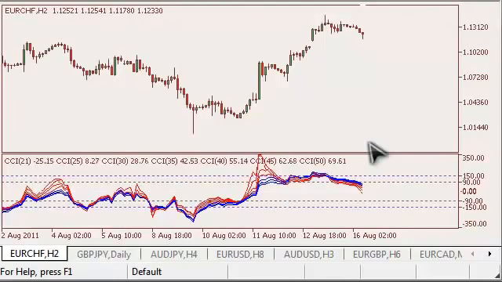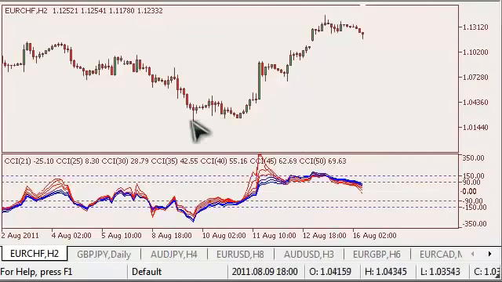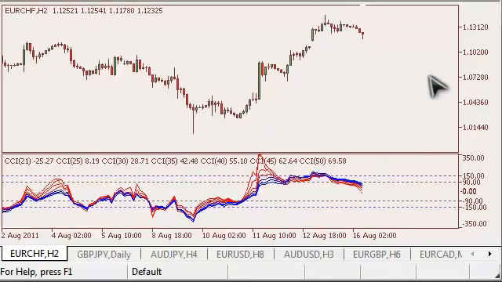But it may be a little bit more chaotic and a little bit more unclear, and what you can do sometimes is use some of the correlated pairs that are similar to that pair as the signal to enter that pair itself. You could use the euro yen to help you enter the pound yen, but then again, sometimes it makes more sense to just go with the one that is clear.